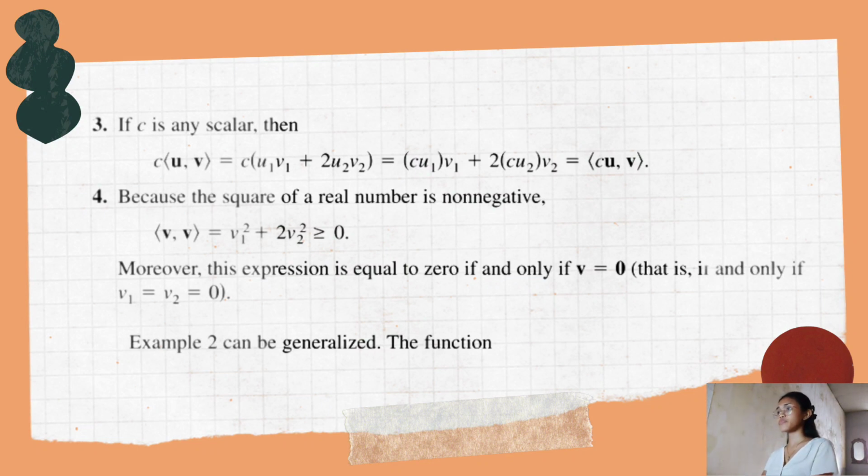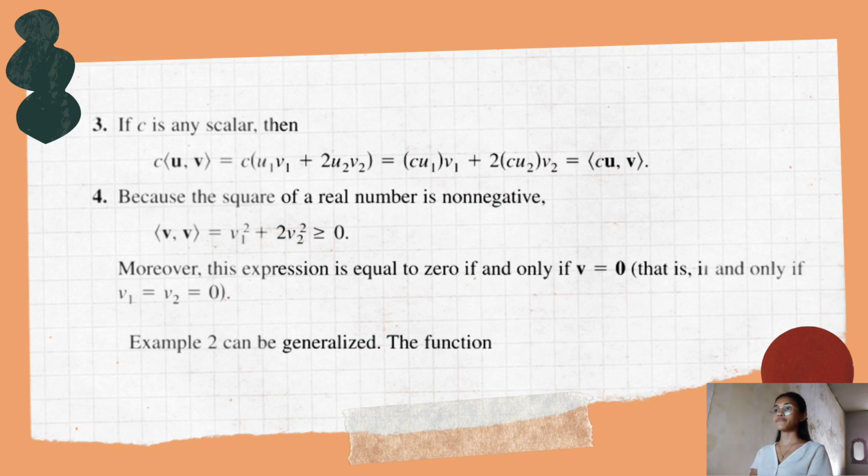So it will be c, scalar, times vector <u, v>, and it will be c times u1 v1 plus 2 u2 v2 equals to, we're going to attach the scalar to the first term or into u, and it will be c u1 v1 plus 2 c u2 v2, and it will be <cu, v>. So we already satisfied the third axiom.